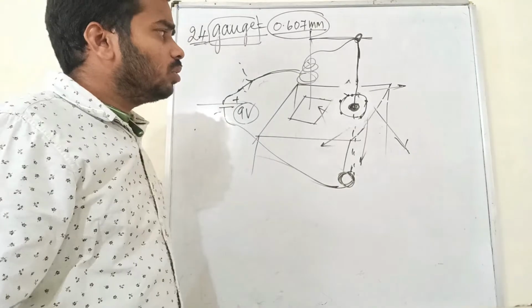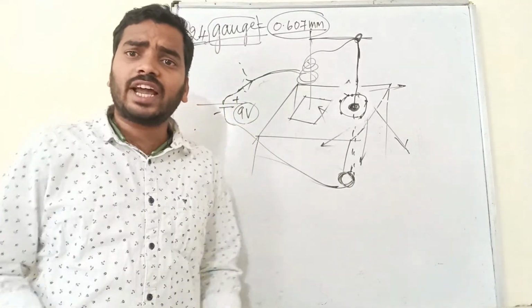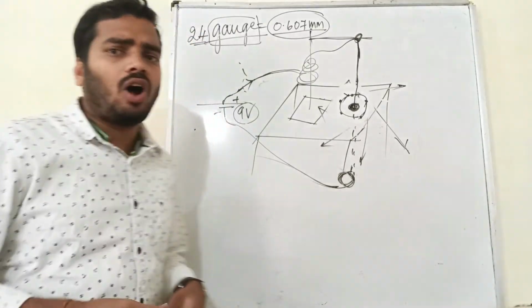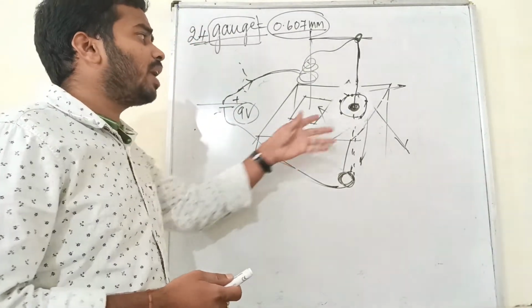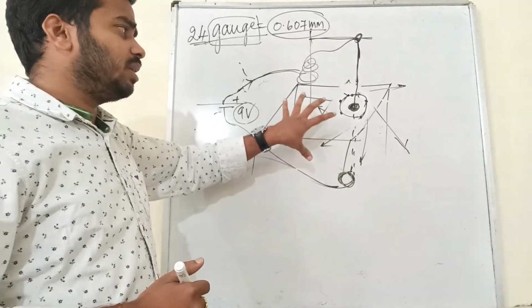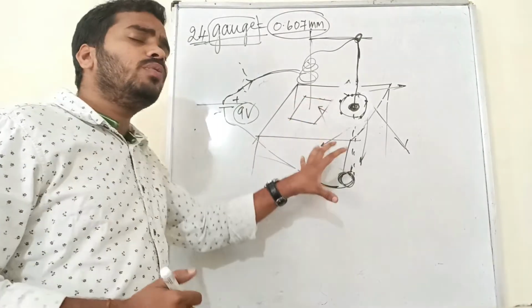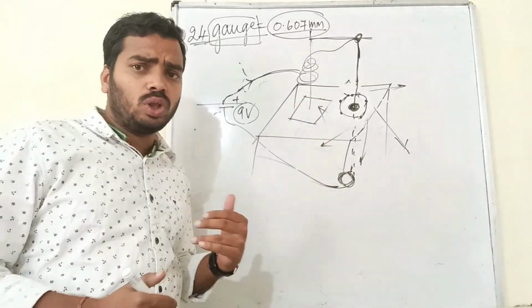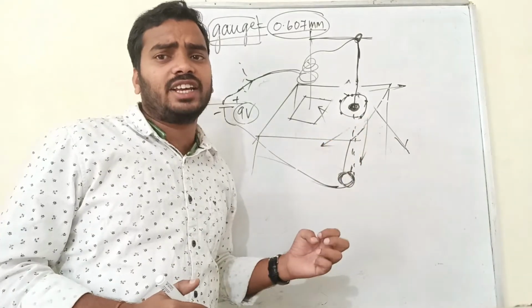So do we have to perform all this experiment, all this activity, to know the direction? No need. It is not always needed to perform this much activity to know the magnetic field direction. This is a simple activity to ensure that the rule I am going to teach you is correct, the rule through which you can say the direction of the magnetic field around the current carrying conductor.